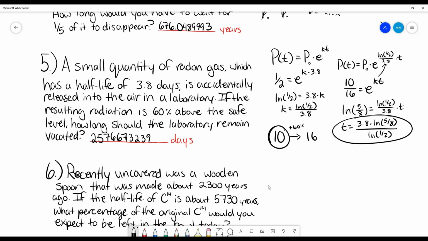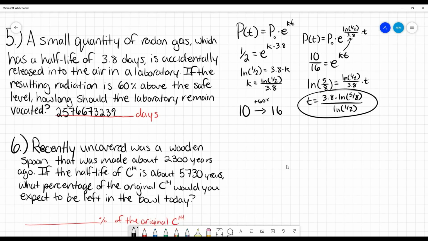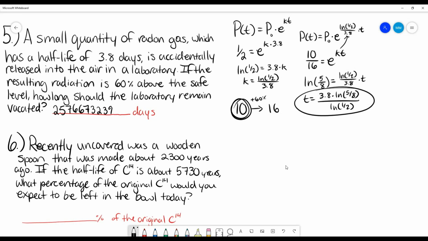So again, we said our hypothetical safe level is 10. 60% above that would be 16, right? So that would mean that we want it to return to 10. So our P of t would be 10. And the original level that we're starting at before it starts degrading is 16.